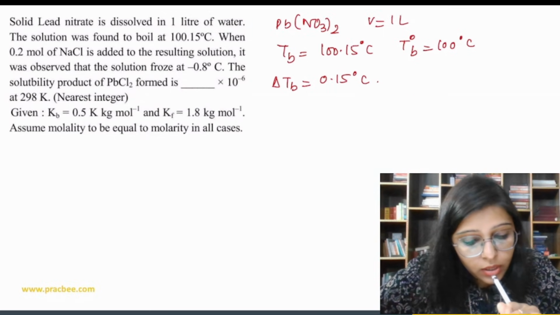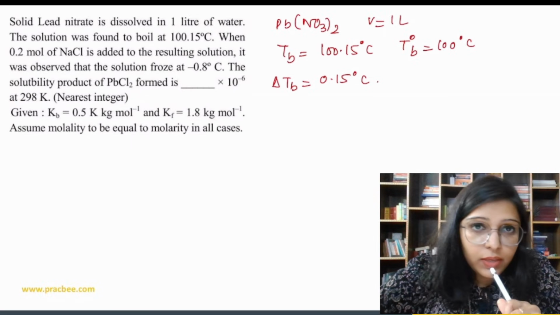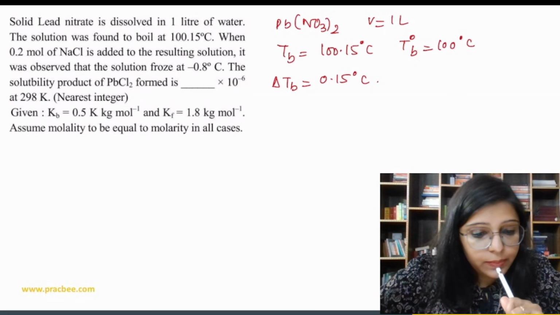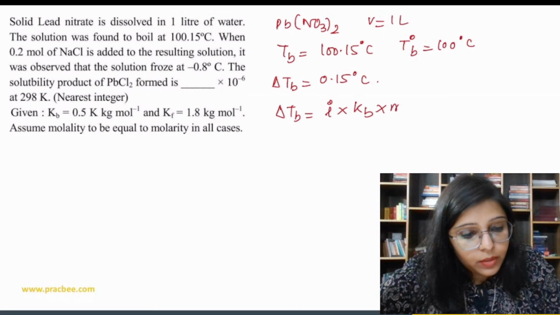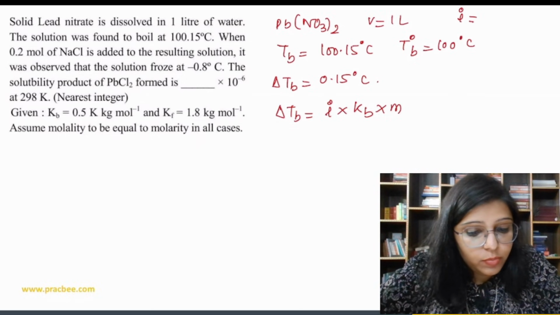So what we can find out from this? We can find out molality, concentration. So delta TB is equal to i into KB into m. So i for this, if we assume 100% ionization, is going to be 3. Why?